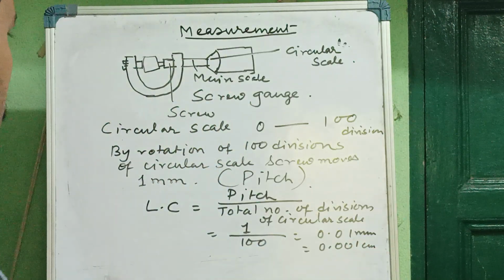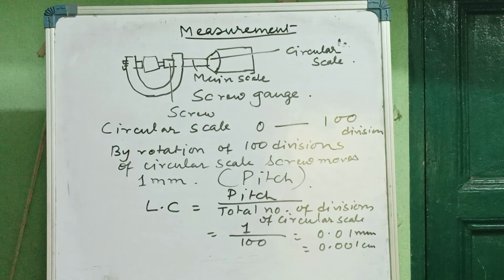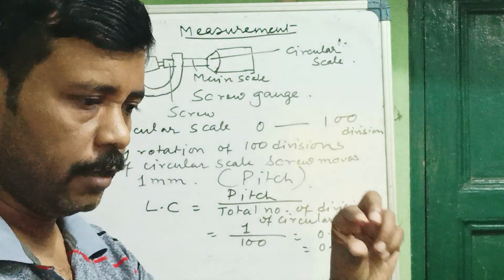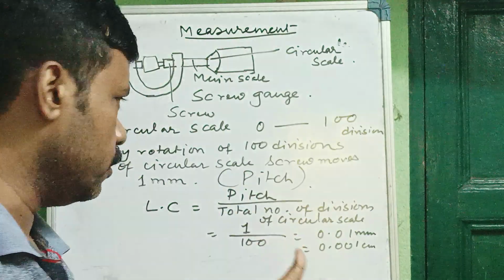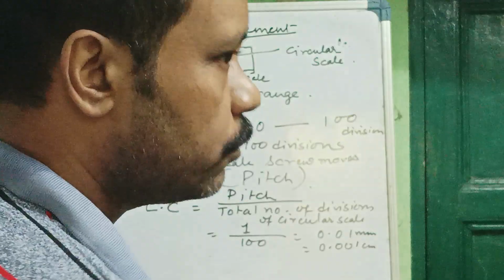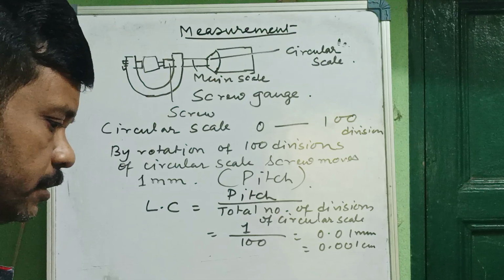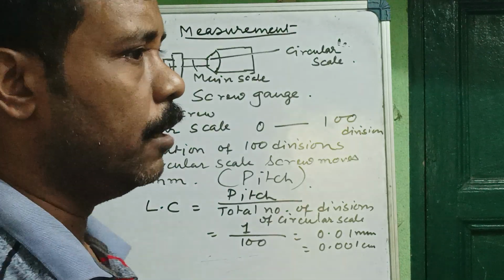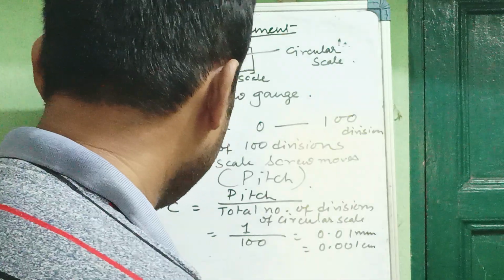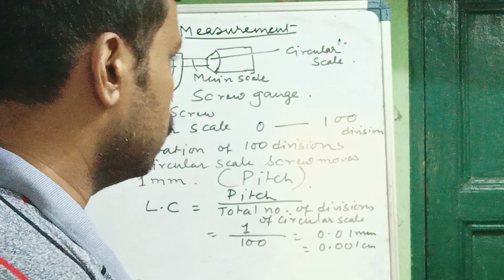It's clear. Like the Vernier caliper, the screw gauge also measures the diameters or lengths of thin wires, but their measurement techniques are different. In Vernier calipers, it is the coinciding Vernier scale division. In the screw gauge, there is a pitch and the total number of circular scale divisions.